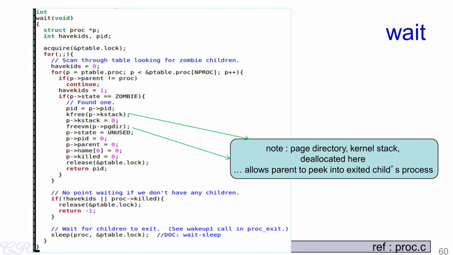This enables better debugging facilities of the child process. For instance, if the child happens to have crashed, then the parent process could look up the stack as well as the page directory, and therefore into the physical pages of the child process, and will be able to get information about why the child process has crashed.